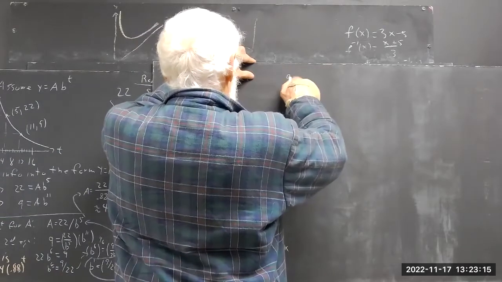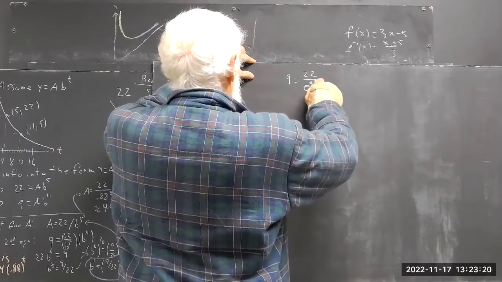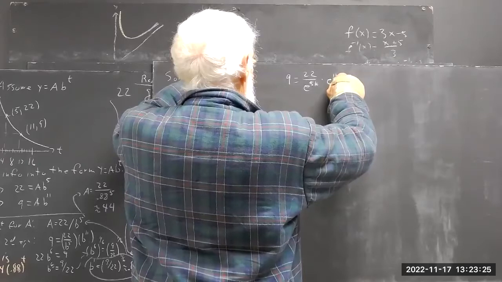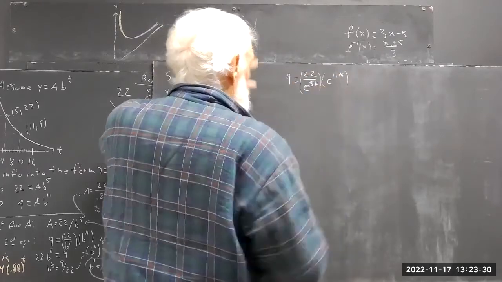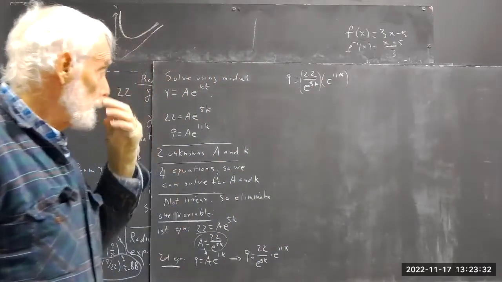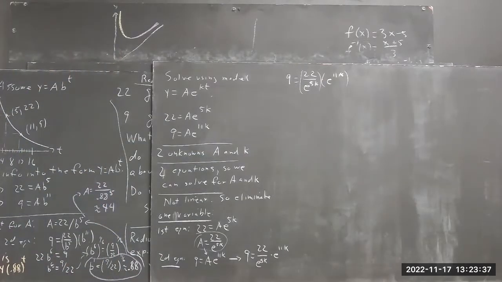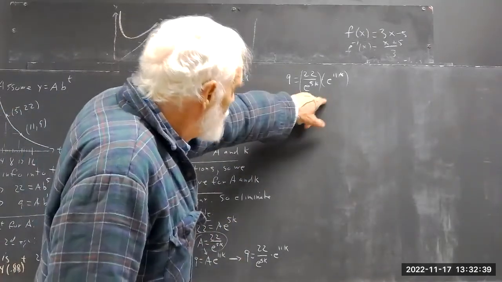So let's just write it out again. We got 9 equals 22 over e to the 5k times e to the 11k. Very possible. How do we solve for k? Now, here's the equation.